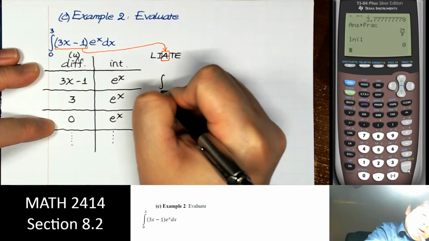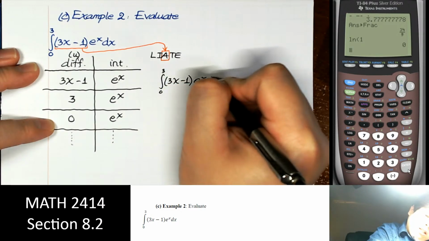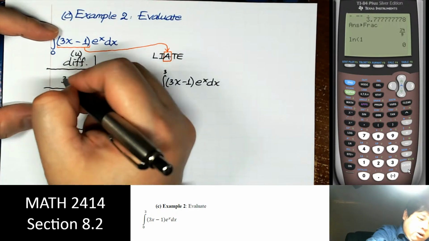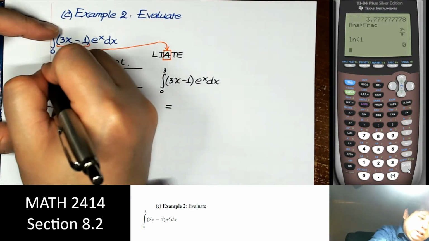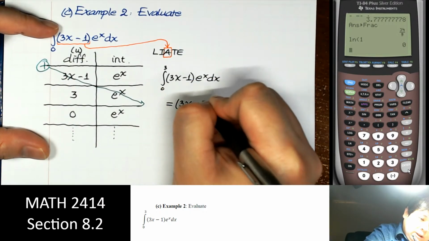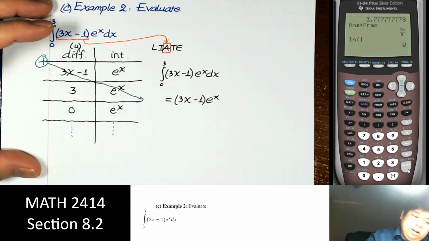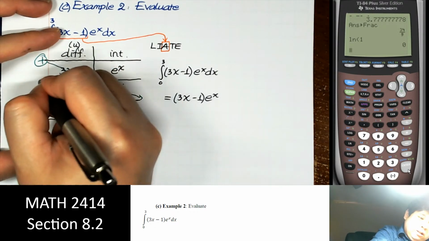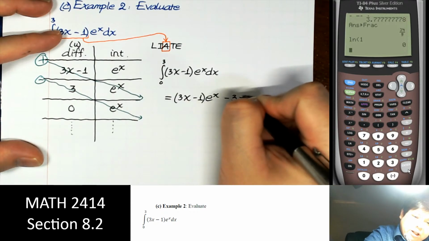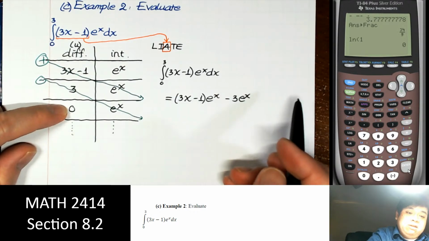So integral from 0 to 3 of 3x minus 1 times e to the x dx equals, first diagonal positive, 3x minus 1 e to the x, next diagonal minus 3 e to the x, and everything after that is going to be 0. So that's all we have, really.